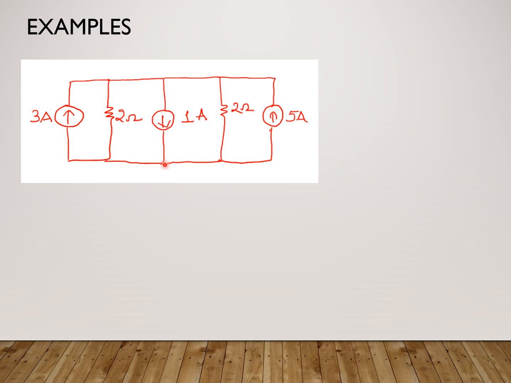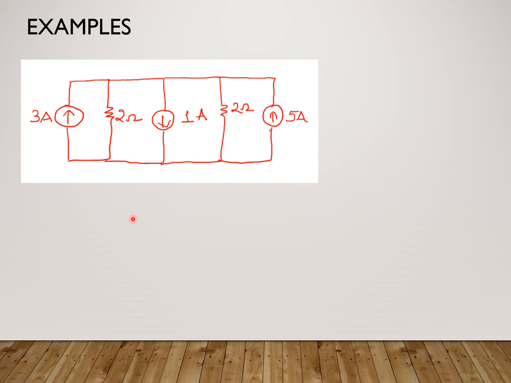As we have seen, if they are connected in parallel, they can be added or subtracted depending upon the direction. So you can add the 3 and 5 amperes together, which gives you 8 ampere, and the 1 ampere is in the downward direction. So the effective current would be 7 ampere in the upward direction: 3 plus 5 minus 1.